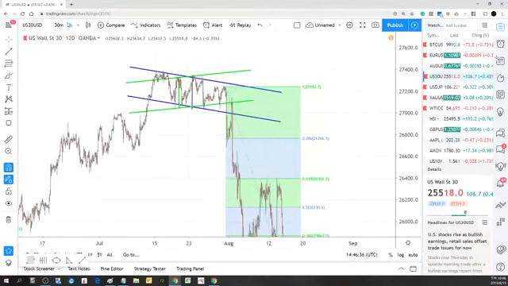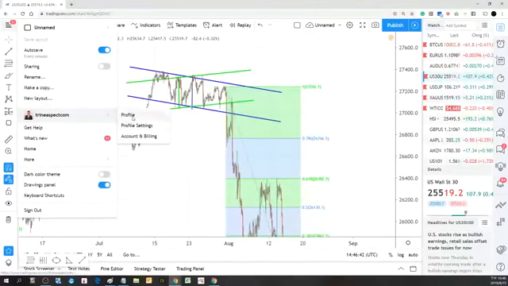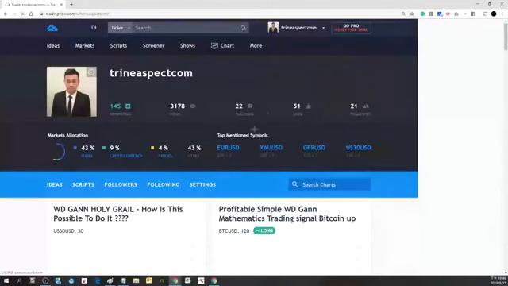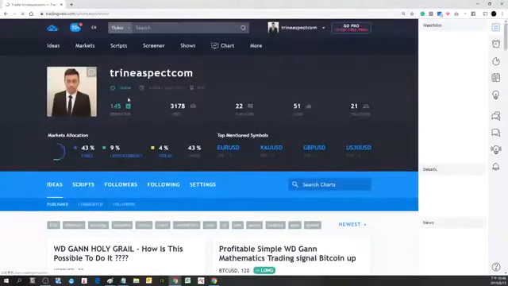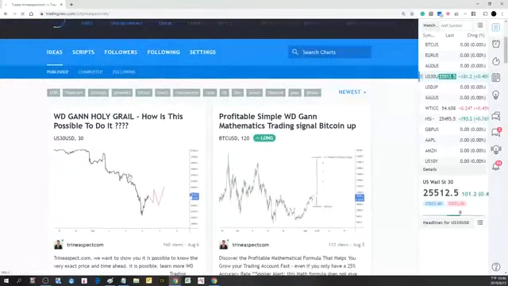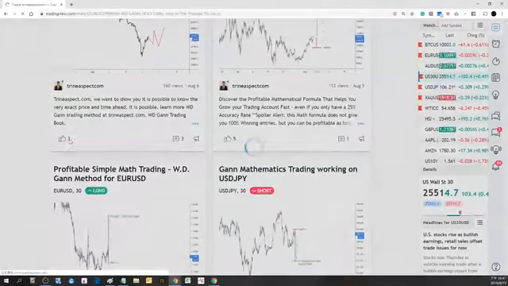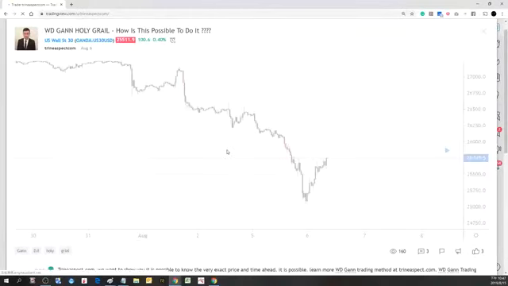This is the TradingView platform. The good thing about it is you can actually post forecasts on it. I'm the user, the admin of my account, but after I post a forecast on it, I am not able to edit it. This is the detail of my account, and this is what I forecast.